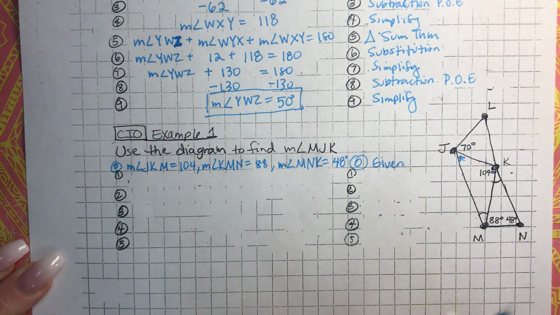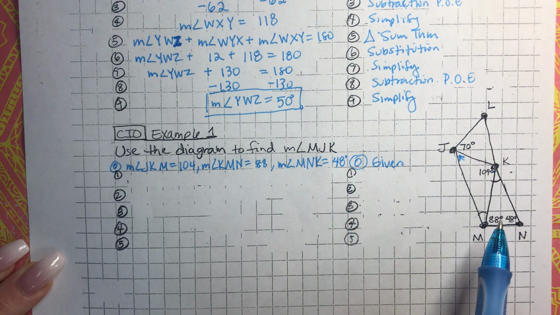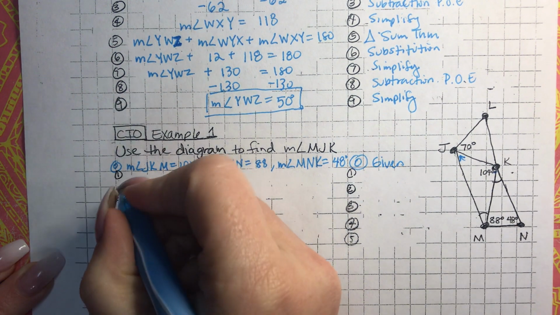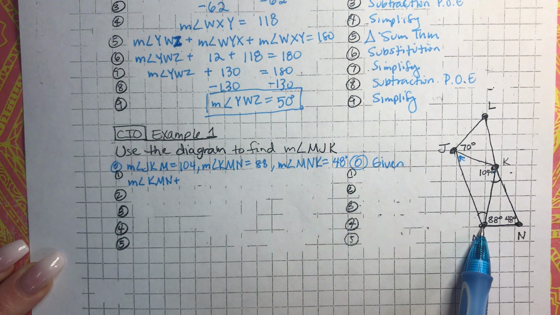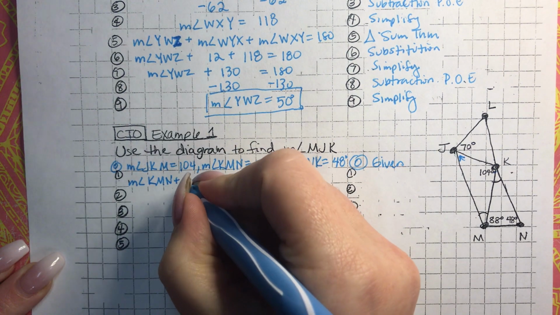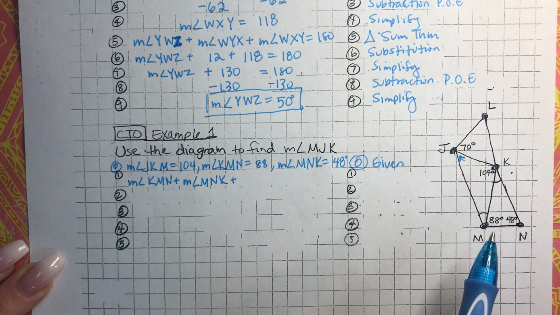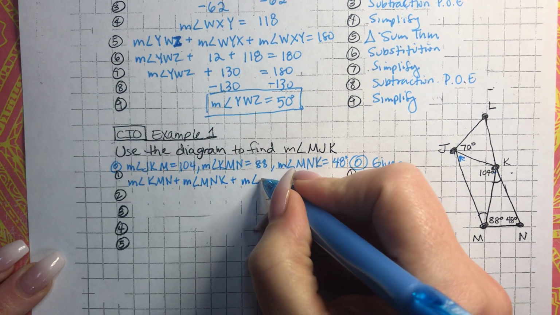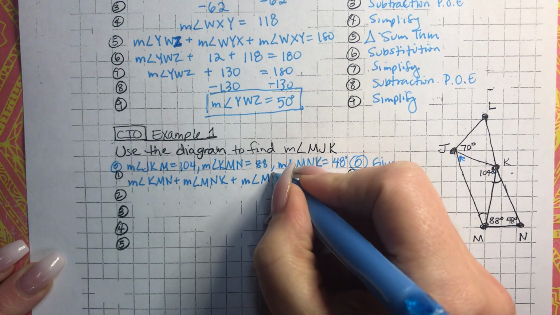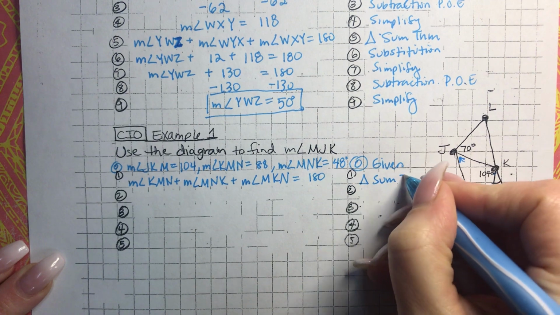Okay, let's start off with the triangle sum theorem. That's going to be the measure of KMN, plus the measure of MNK, plus this angle, which is MKN. MKN equals 180 degrees by the triangle sum theorem.